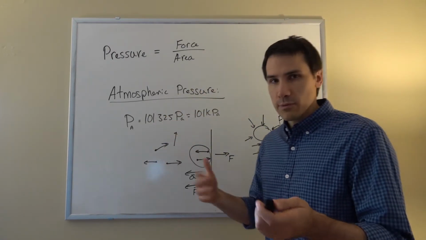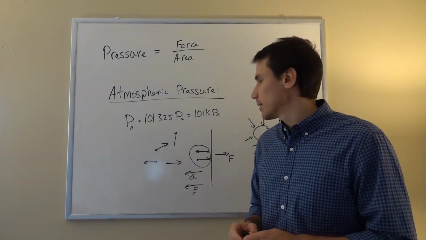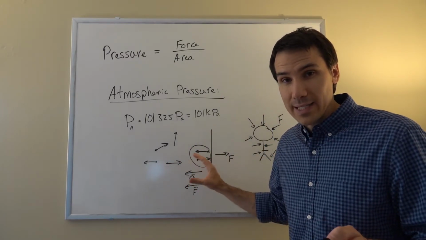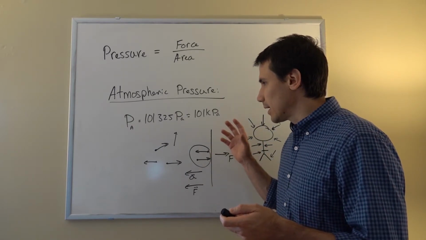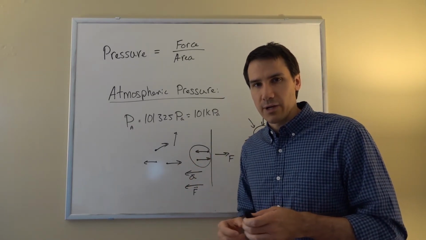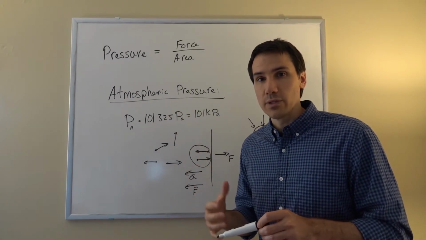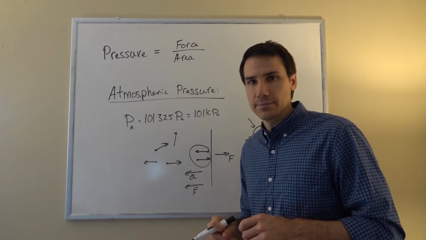So you can change the pressure on you in various ways, by going high in the atmosphere, by going down into a lake. But this is the basic mechanism that causes that pressure, and we'll see how we can change it and what the physics behind changing that pressure are, specifically when we look at liquids and going down into, say, a lake, something like that.